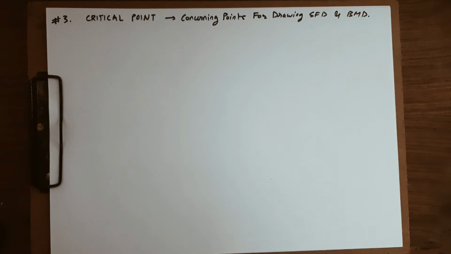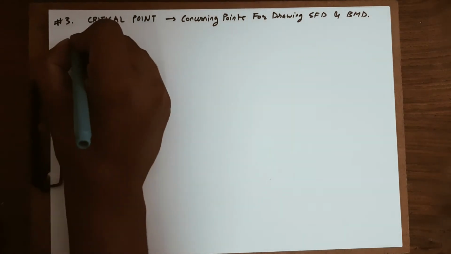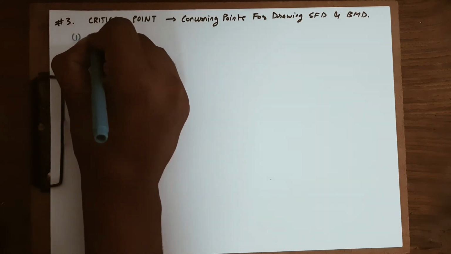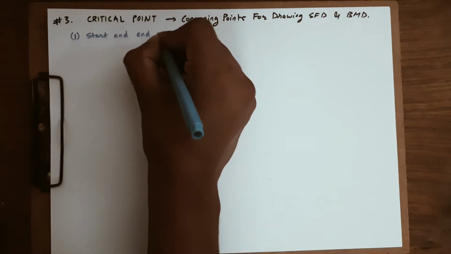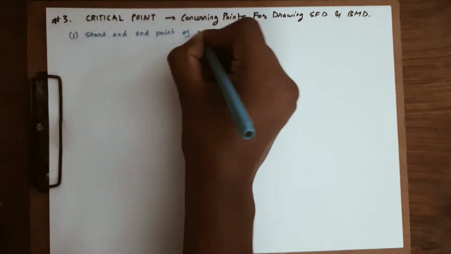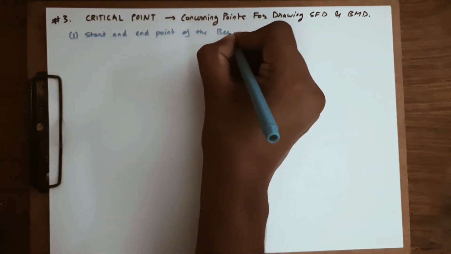So what are these points? First is the start and end point of the beam.